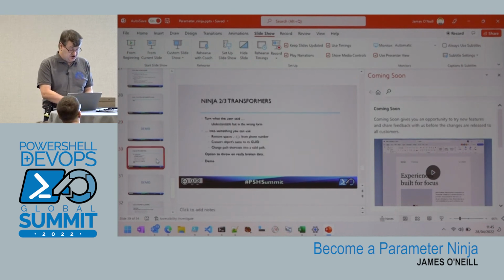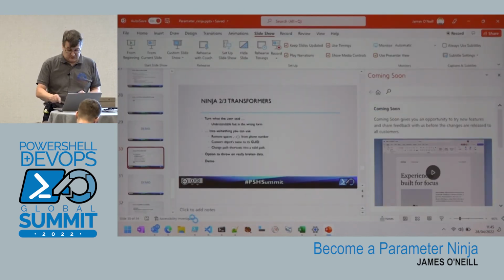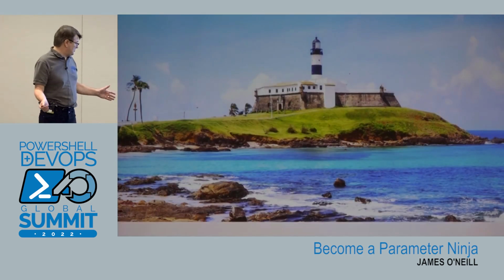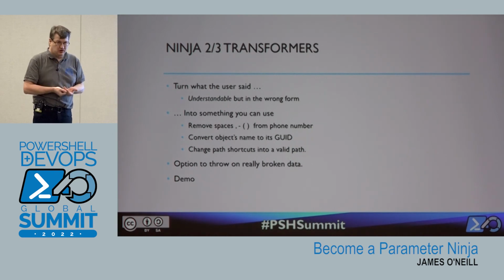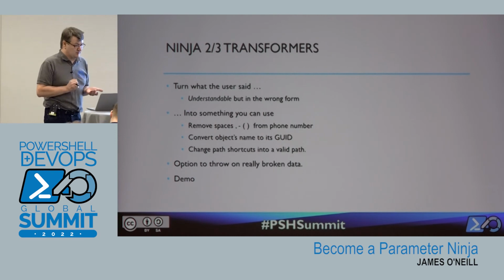The second one is transformers. So a transformer, no, it's not that wonderful kids' toys, but a transformer basically says, the user has given us something that's not completely broken, we can make sense of it, but it's not in the form that we accept.